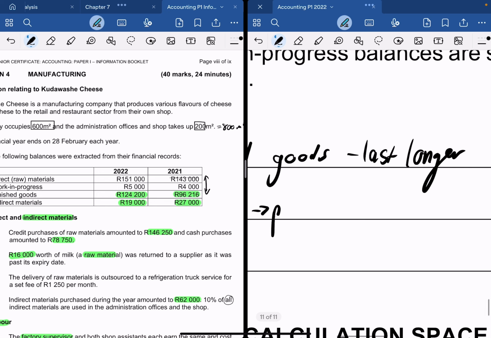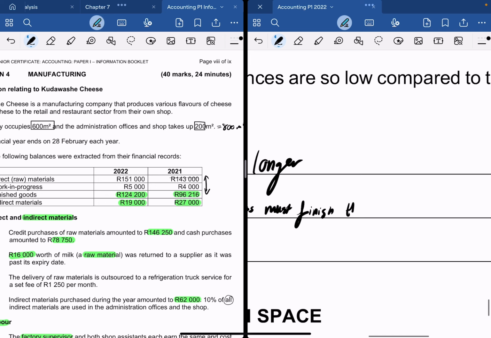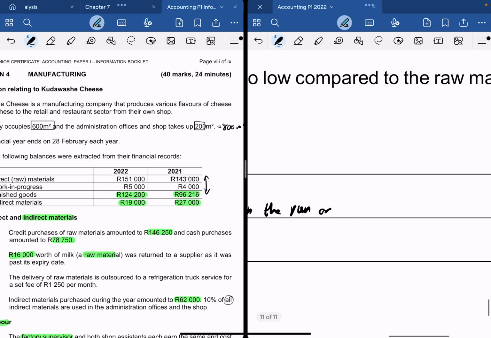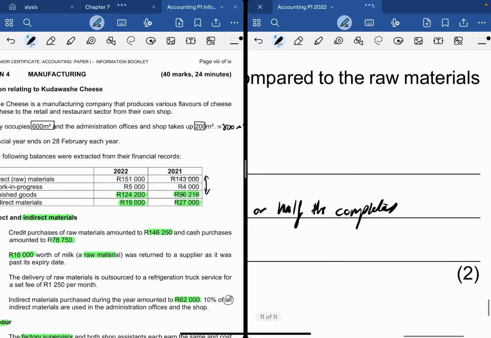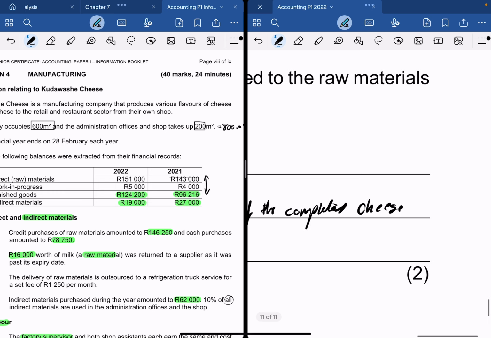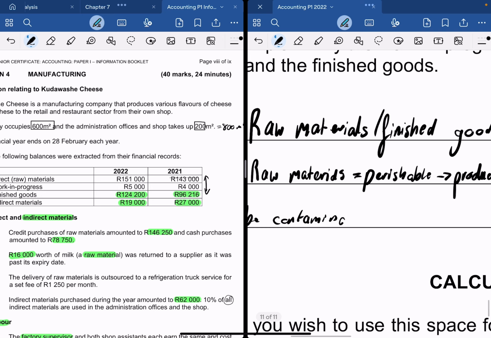So you would word it: the production process must finish the run or the half completed cheese will be contaminated.